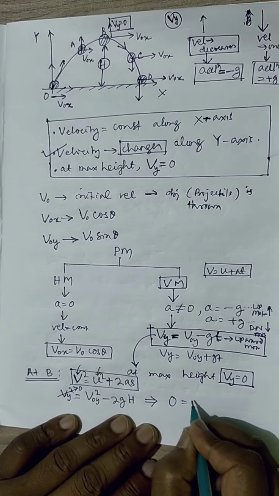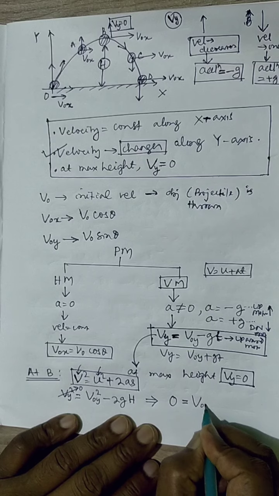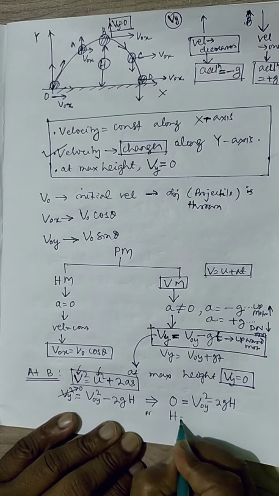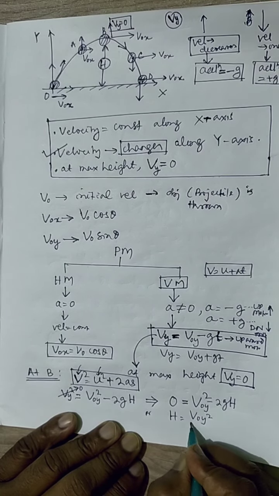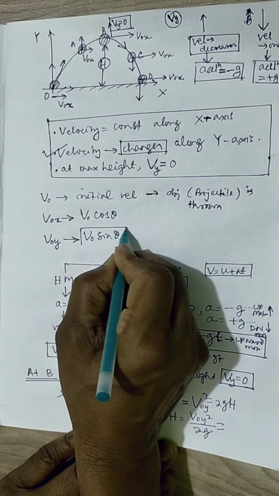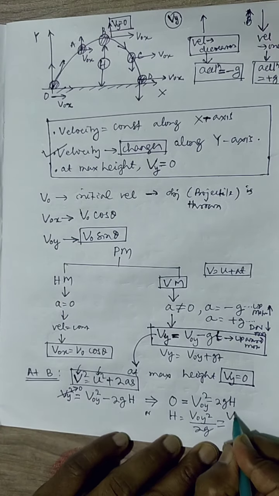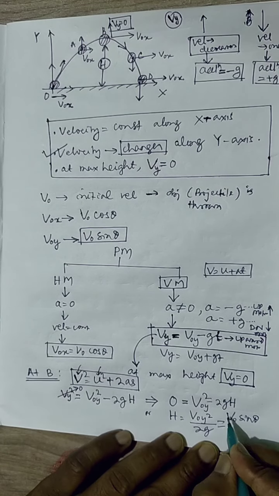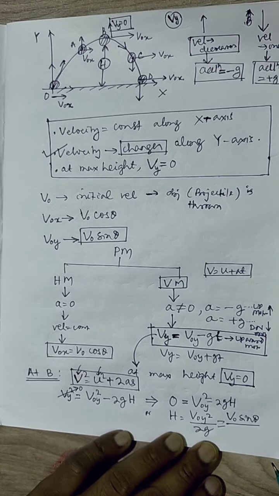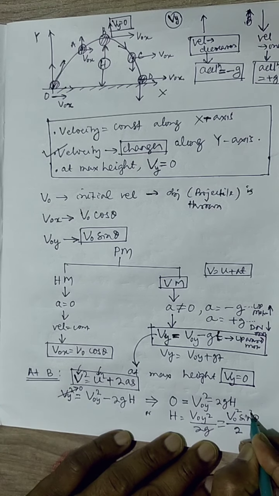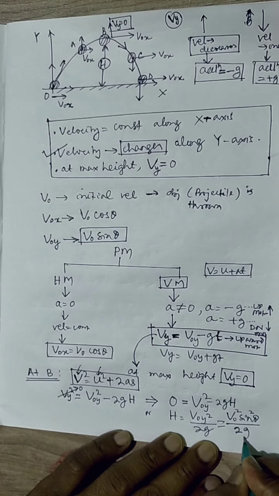This implies 0 is equal to v0y square minus 2gh, or h is equal to v0y square by 2g. v0y is the initial velocity along the y component, that is v0 sin theta. So h is v0 square sin square theta by 2g.